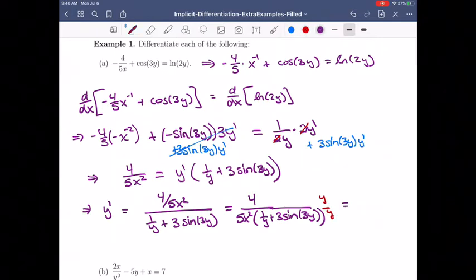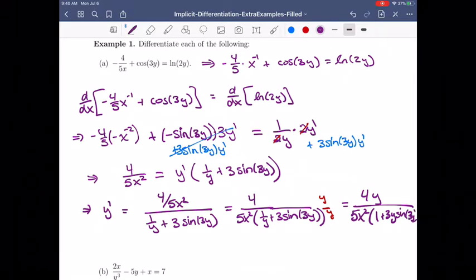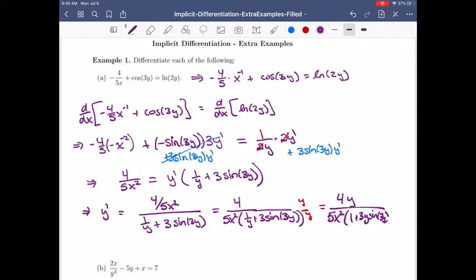And it's going to be 4y over 5x squared times 1 plus 3y sine of 3y. Make this a bit smaller. There we go. And then I can fit it all in. So this would be our derivative here.